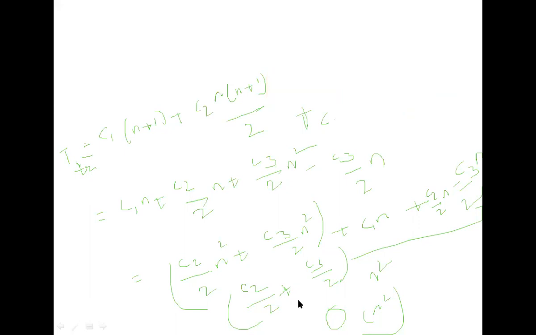So big O of n square is the solution for the given problem. Is it clear? Okay, thank you. That is the previous paper question.